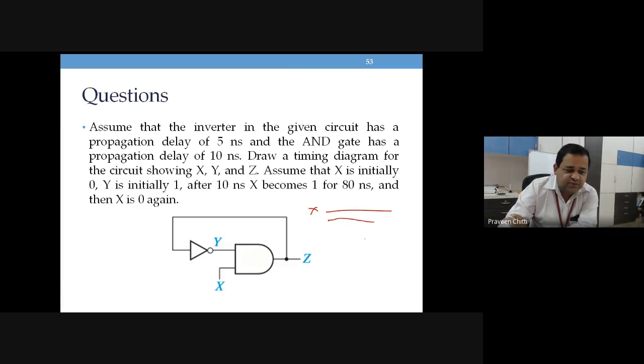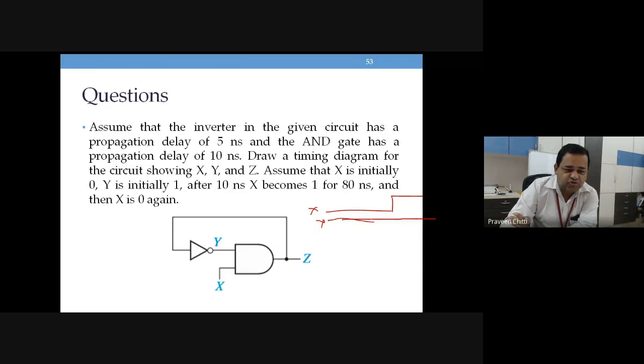Then after 10 nanoseconds, I'll consider this is 10 nanoseconds, X will become 1 and it remains high for 80 nanoseconds, and your Y remains high throughout.